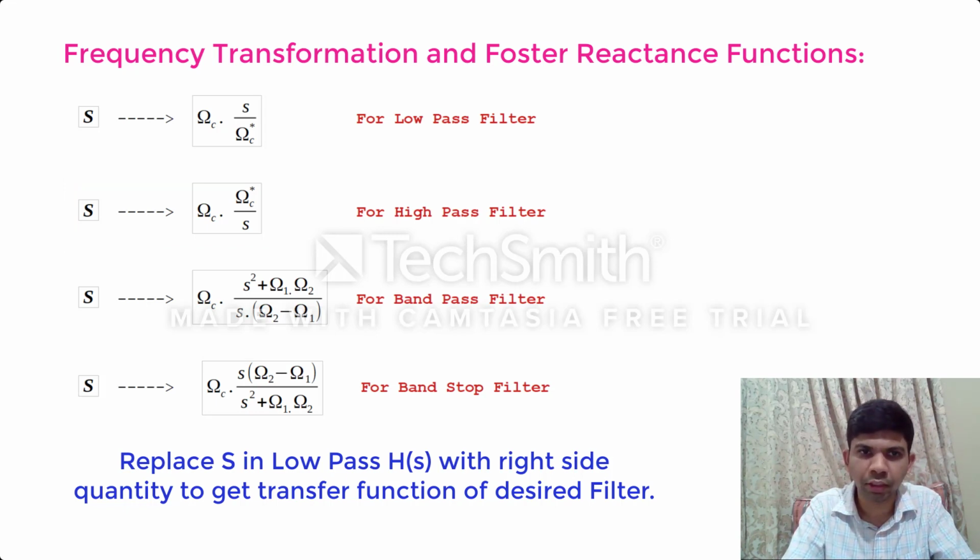Again, omega c is 1 radian per second and omega c star is the cutoff frequency of the desired high pass filter. Similarly, we have two other relations, one for the band pass filter and another for the band stop filter. Omega 2 and omega 1 are the upper and lower frequencies of the band pass and band stop filter.